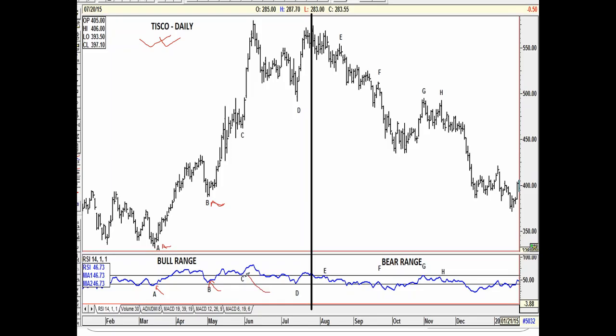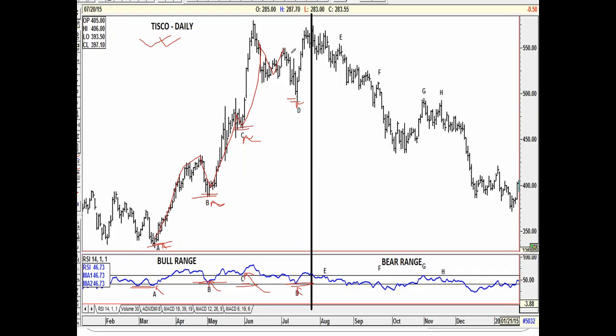At C point RSI takes support at 60 and moves up, and at D point RSI again does not break 40. So every time RSI was taking support on the 40 and 60 levels and the prices were moving up. That means it was a bull market and RSI has shifted its range from 70-30 to 80-40.